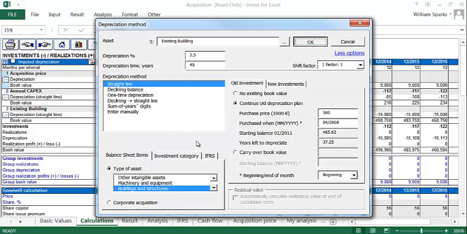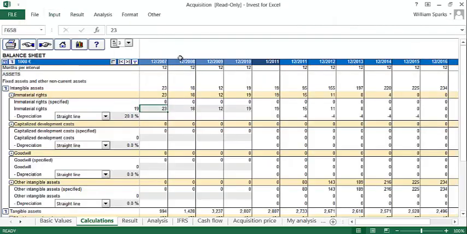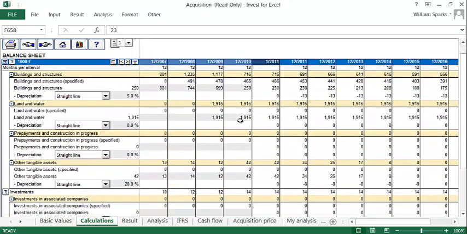Yep. And then okay. So now it will be better. When we go to the balance sheet and look at the buildings book value, yeah, now it makes sense, you see.